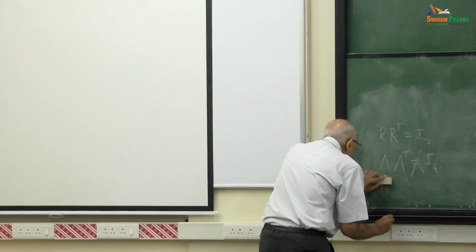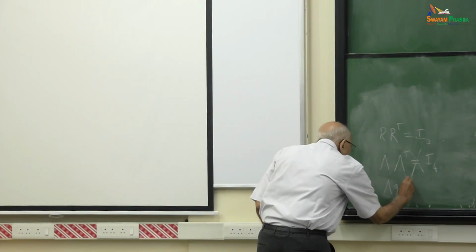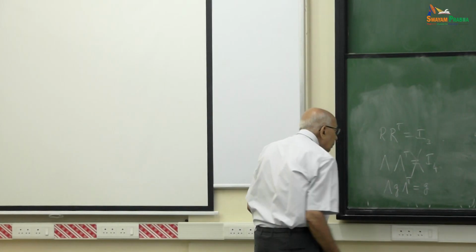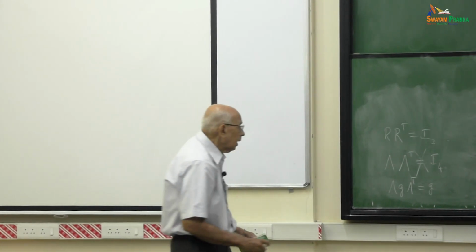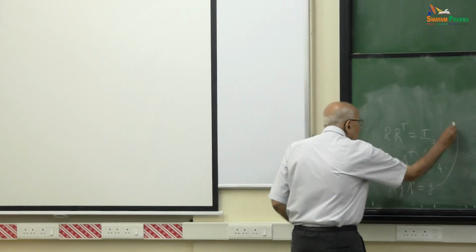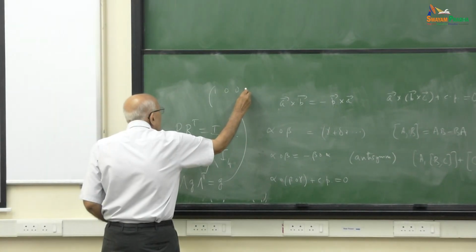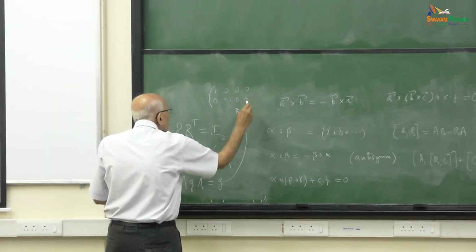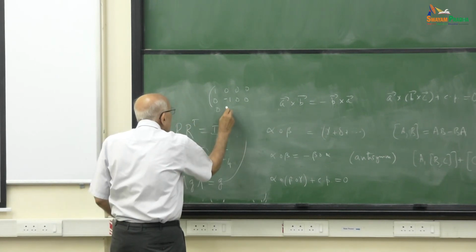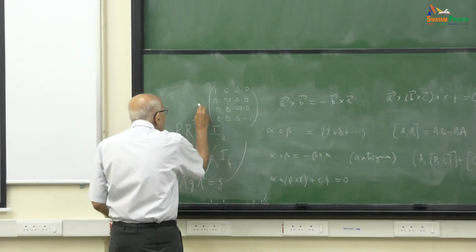lambda G lambda transpose is equal to the metric matrix G, little g, where this G stands for something that he already introduced. It stands for the matrix with entries 1, 0, 0 and so on, with the minus signs along the spatial diagonal.